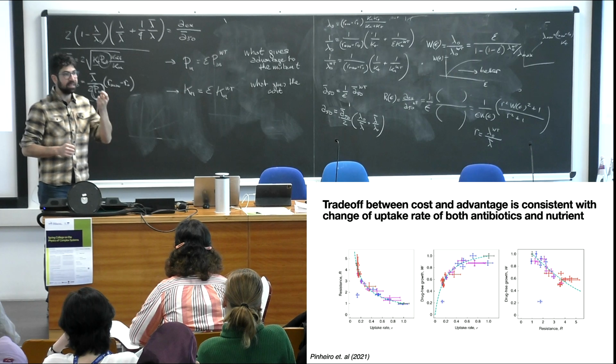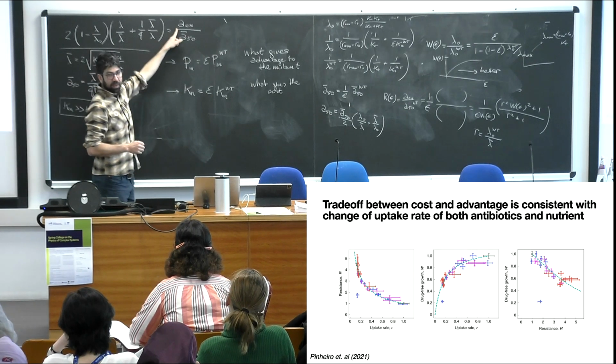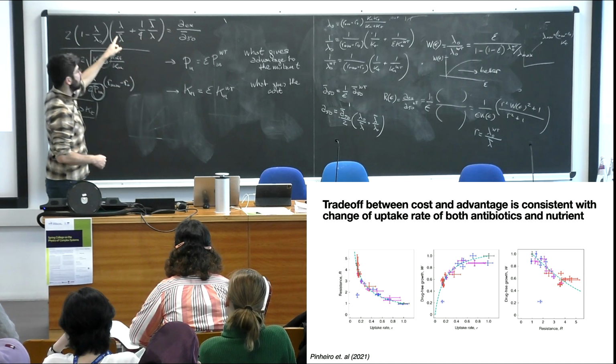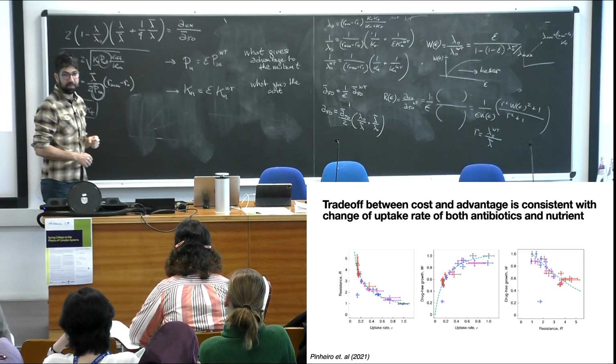But at the end, I did experiments with a given value of the concentration. Okay? So I have experiments with a given value of concentration, and this corresponds to a given value of lambda. Okay? But lambda, the growth rate of that bug with that concentration, is a function of epsilon.